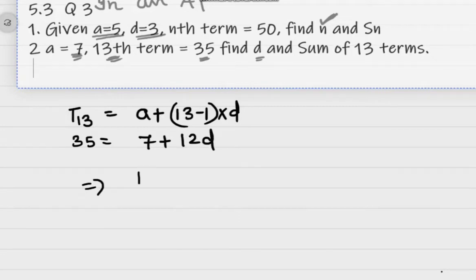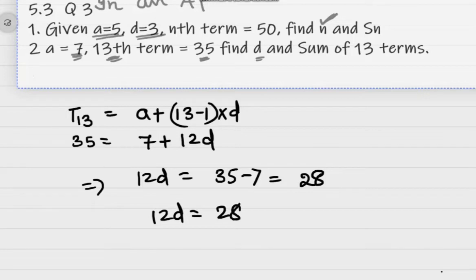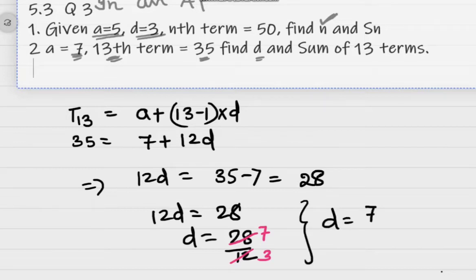From here 12d will be equal to 35 minus 7, and that will be equal to 28. So 12d is equal to 28 and therefore your d will be equal to 28 by 12. So children, see, both of them have the factor 4. So 4 3s are 12 and 4 7s are 28. So ultimately your d will be equal to 7 by 3.